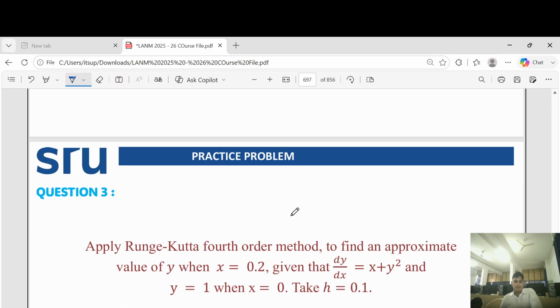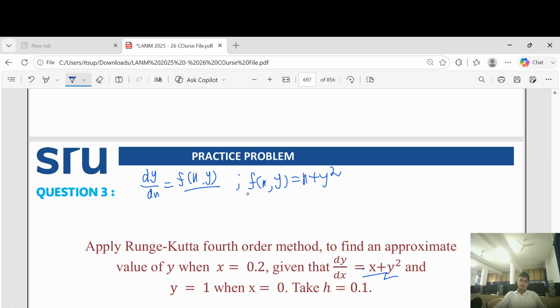Now, this is practice problem third. What is given? dy by dx is equal to x plus y square is given. So dy by dx is equal to f of x comma y. If we compare from this, f of x comma y is x plus y square.